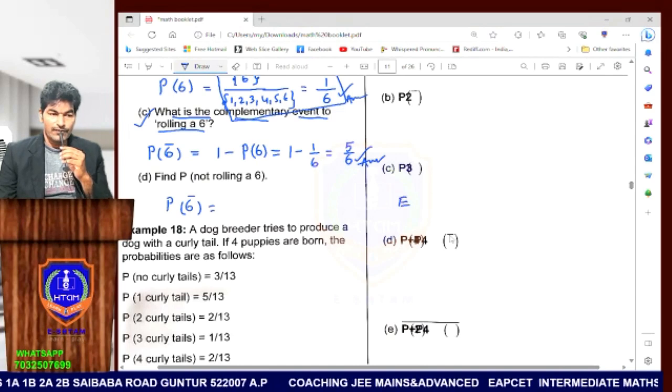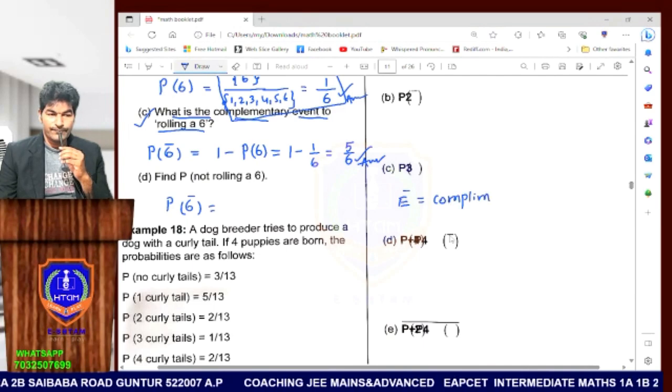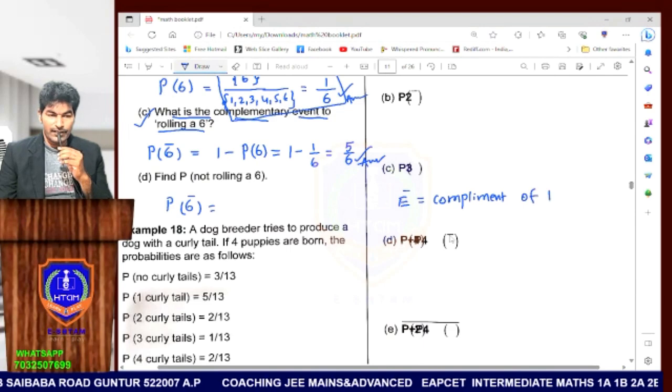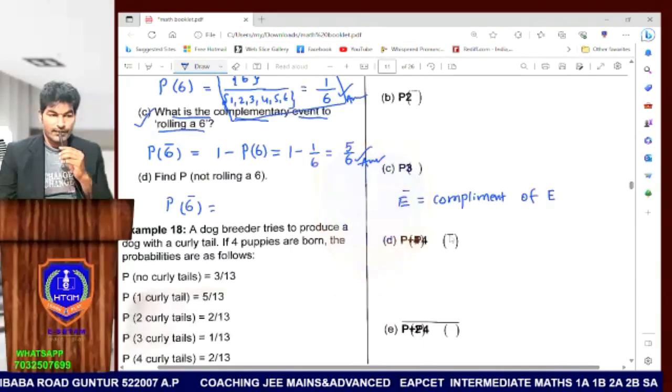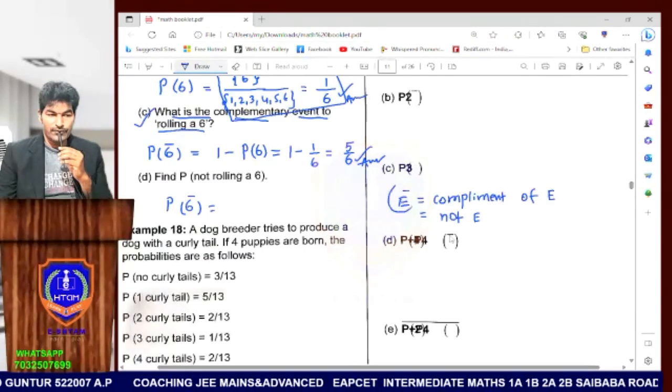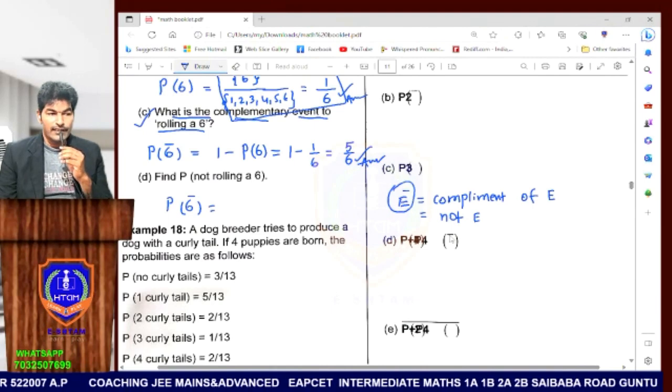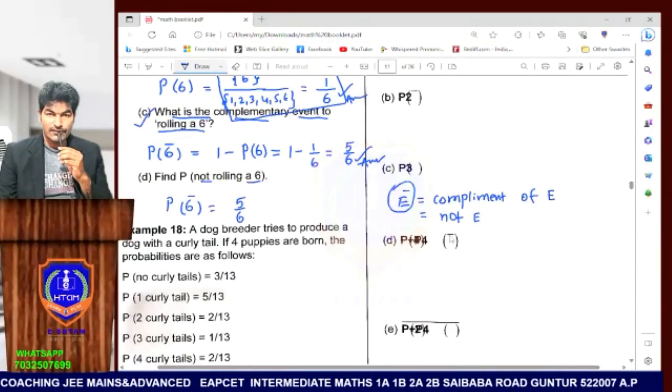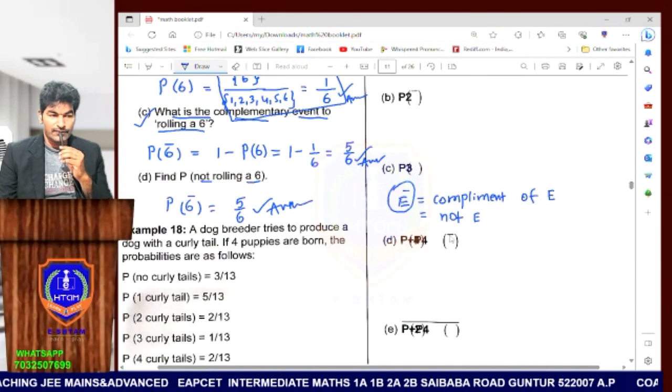For example, E bar means the complement of E, and it is also called not E. In both situations, you can use P of E bar. He said not rolling a 6, which means not getting 6, and we already calculated that it was 5 by 6. So this is the answer of this question. Understood?